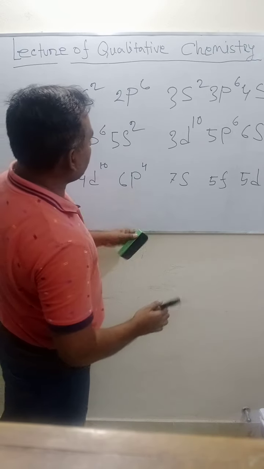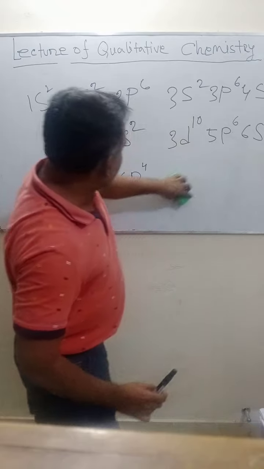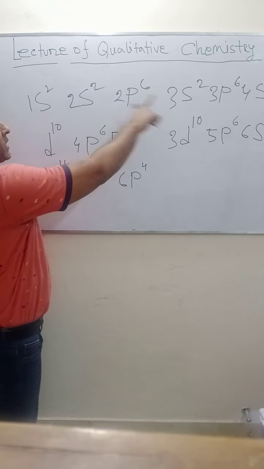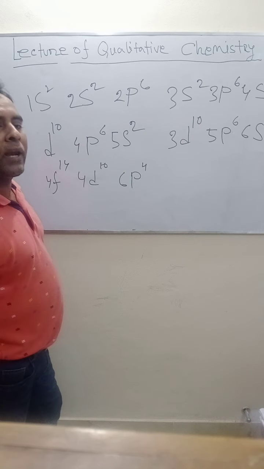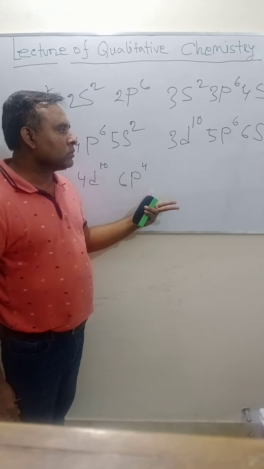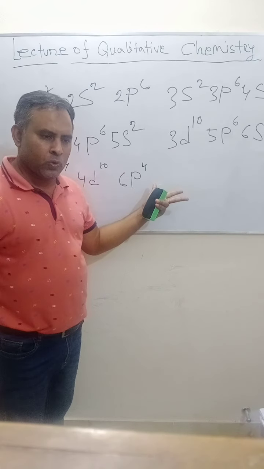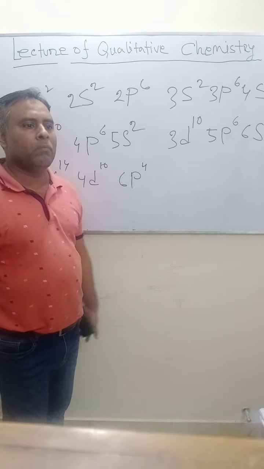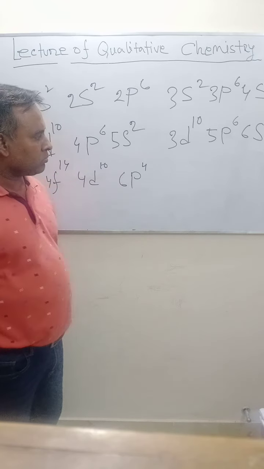Clear? That means this is the electron configuration of lead. If you know this system, you can do the configuration of any atom.